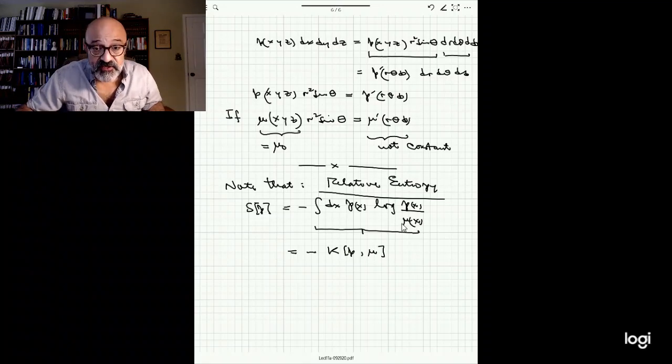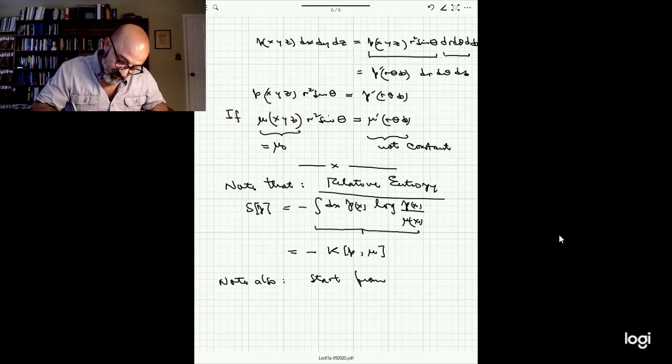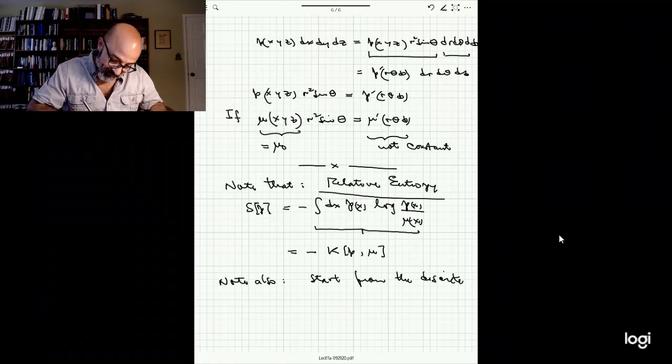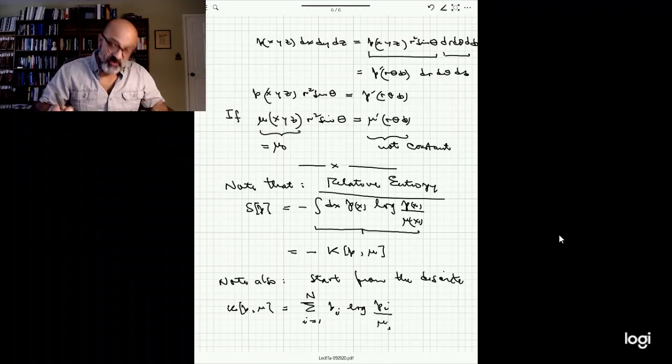Very good. Note also that if you start from the discrete version of relative entropy, and so here we have the sum from i equals 1 to n of p_i log p_i over mu_i.